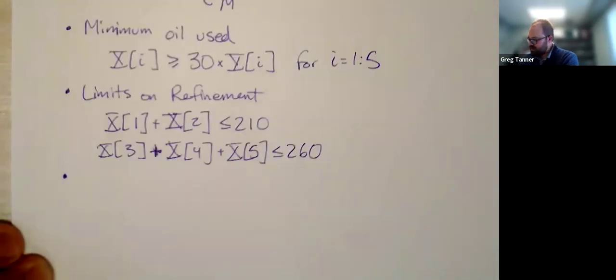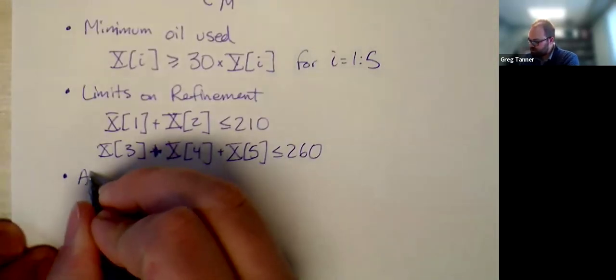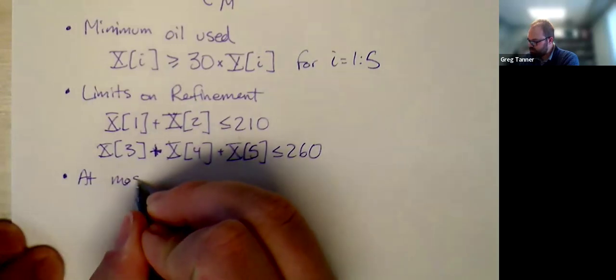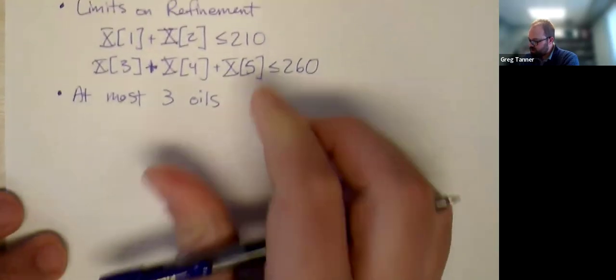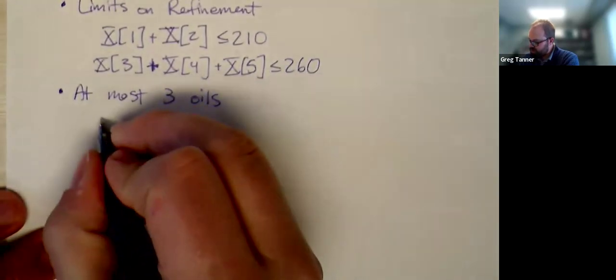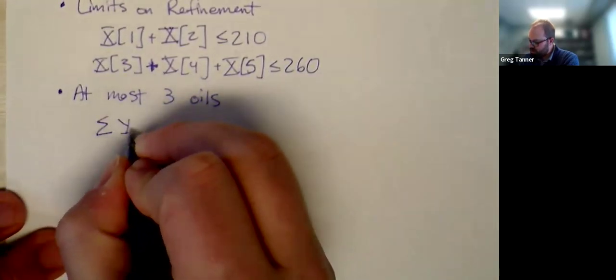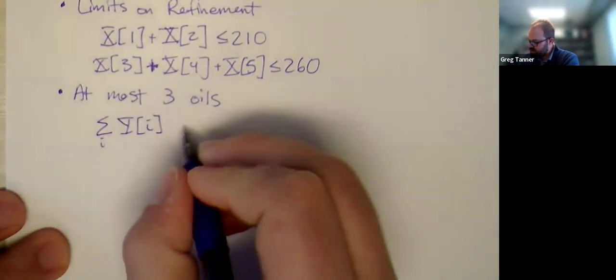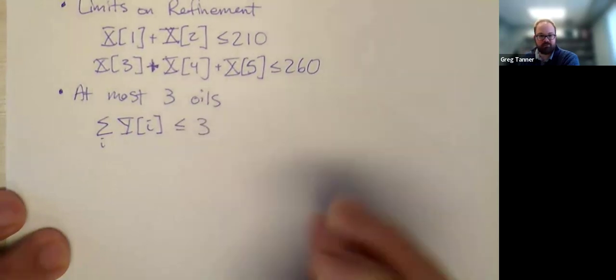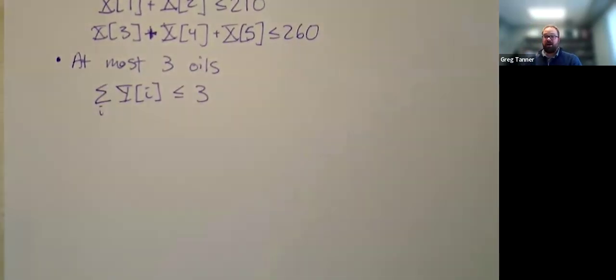I may write this down as at most 3 oils. And we'll write that as the sum over the yi's has to be less than or equal to 3. So there's 5 y variables.